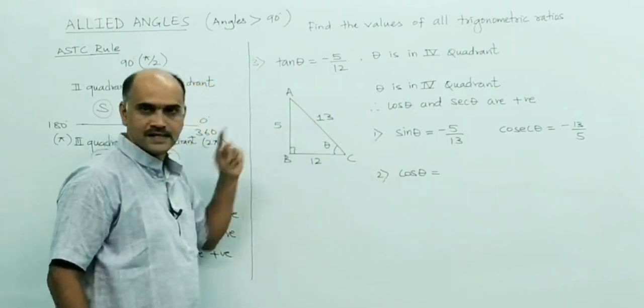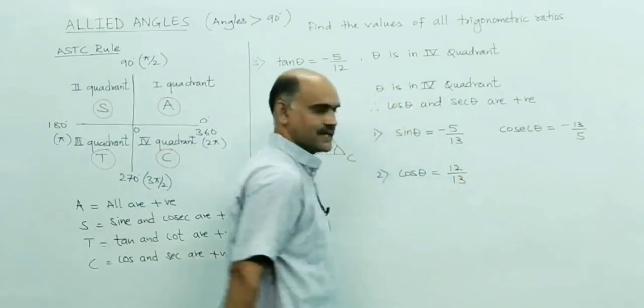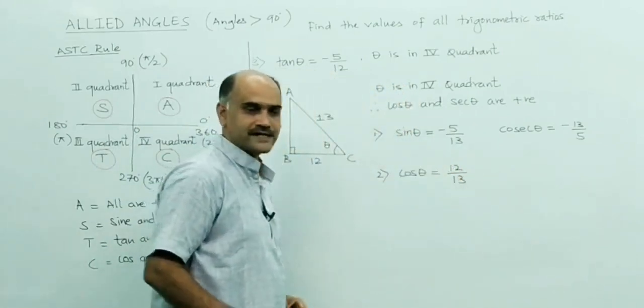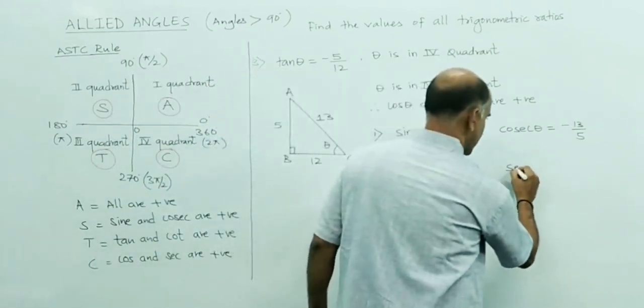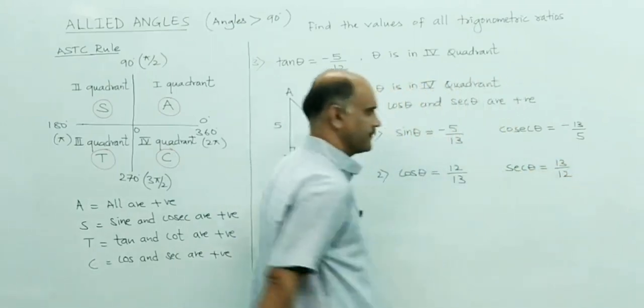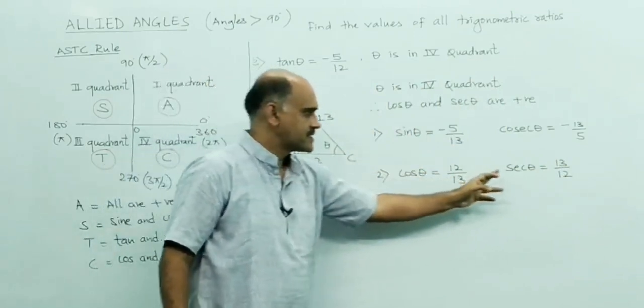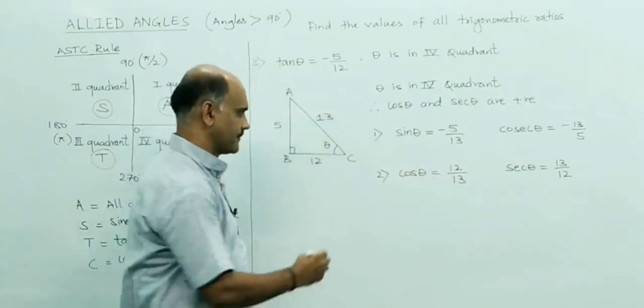So cos theta is 12 by 13. Again you write its reciprocal, so secant theta will be 13 by 12. Clear students? Cos theta is 12 by 13, secant theta is 13 by 12.